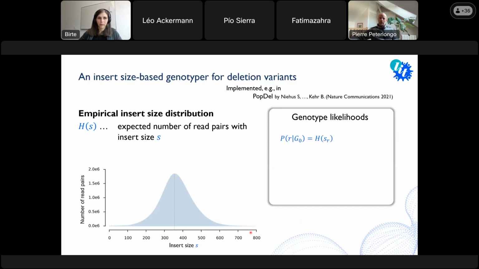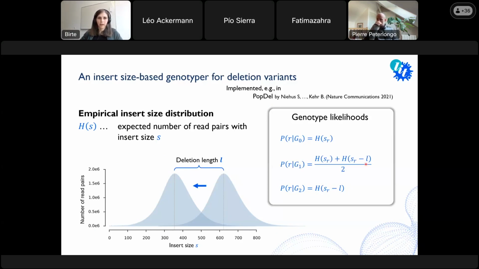Just the normal distribution that is observed in the data for the reference genotype, the distribution shifted by the deletion length for the homozygous variant genotype, and then the average of the two for the heterozygous genotype.